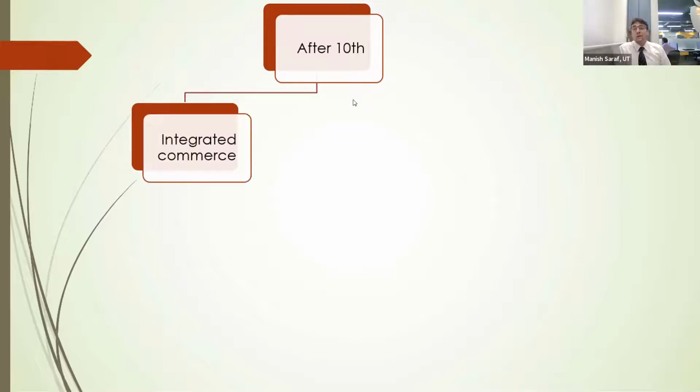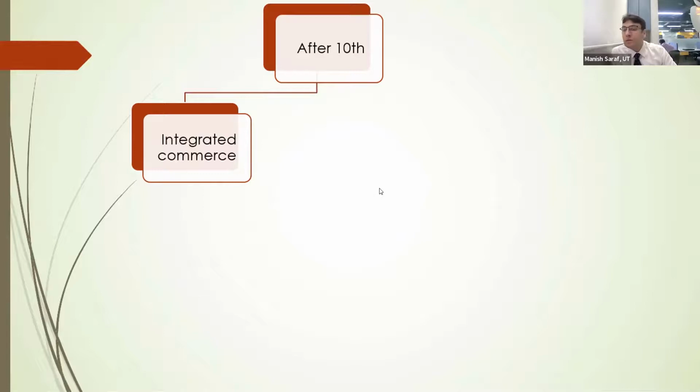So after 10th, in commerce, this is the first time we are introducing this concept. Generally, you would have heard this with science students, where we are saying you can do an integrated commerce. Now, what is integrated commerce? This will be explained in more detail by Anubhav sir when he takes his section.